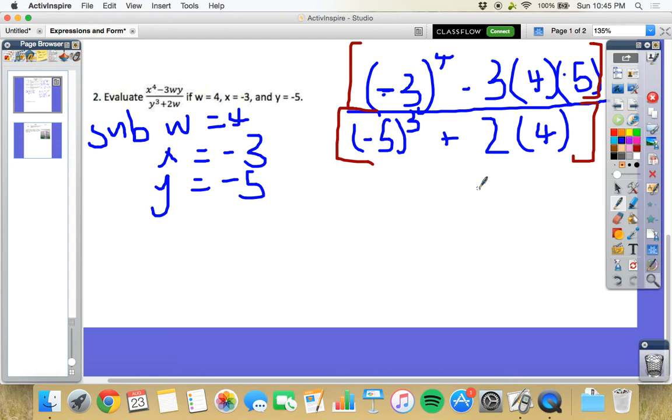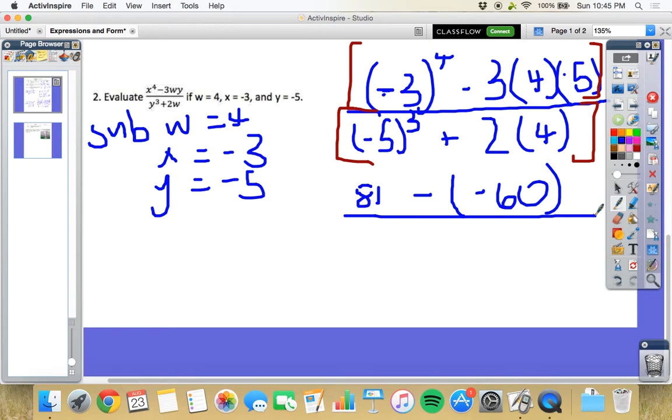Negative 3 to the fourth is going to be positive 81. And then 3 times 4 times negative 5 is going to give us minus negative 60. And this is all divided by negative 5 to the third power, which is negative 125, and then 2 times 4 is 8.